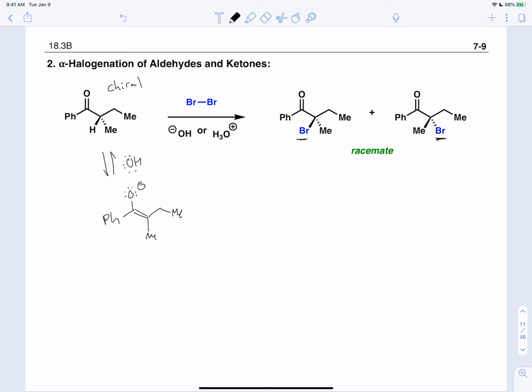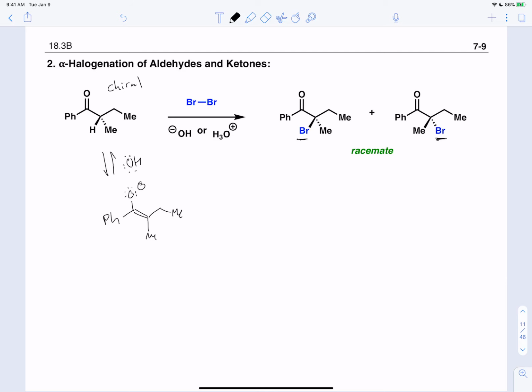And enolates primarily react at the carbons. So whereas we can make some of the enol tautomer with protonations, almost all electrophiles will be reacting with enolates at the carbon center. This has to do with the frontier orbitals, which if we had more class periods, I would teach.